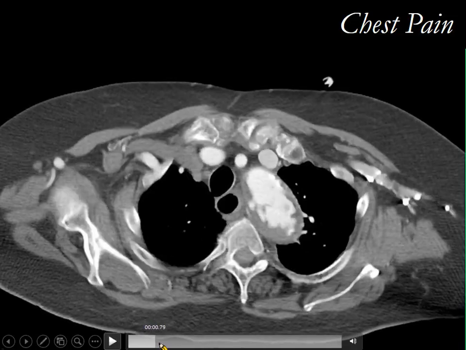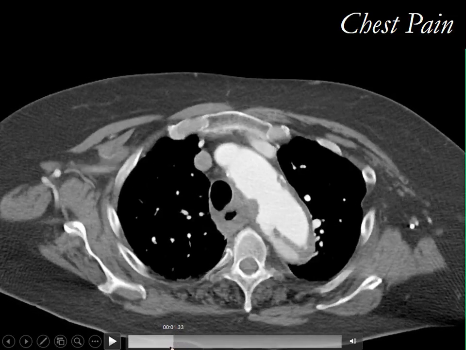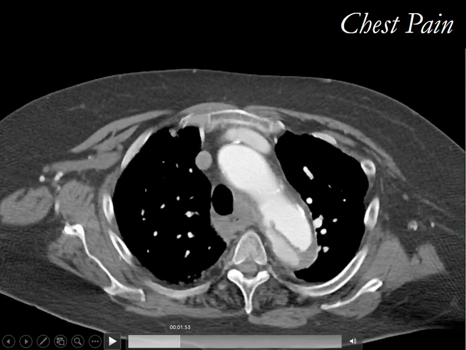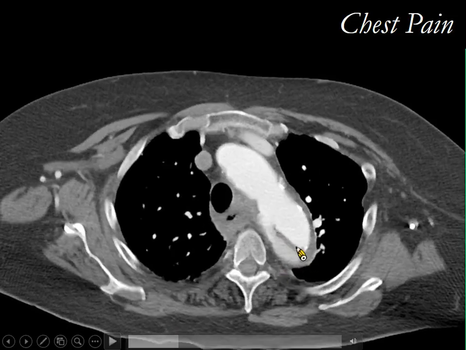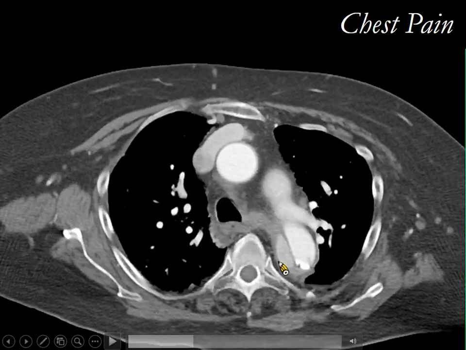So we see that we have a lot of atherosclerotic disease, we have some ulcerated plaques up here, and as we come farther, we see this aortic dissection here. We have elevation of this intimo-medial flap, which extends down in a small false lumen here.